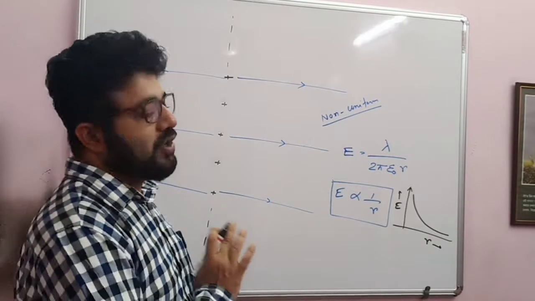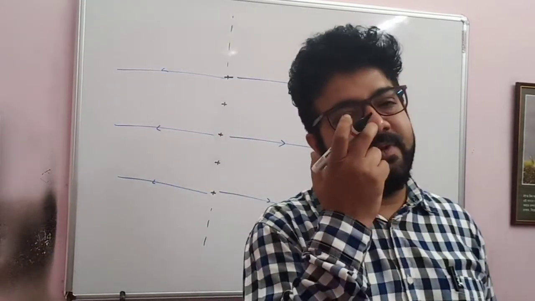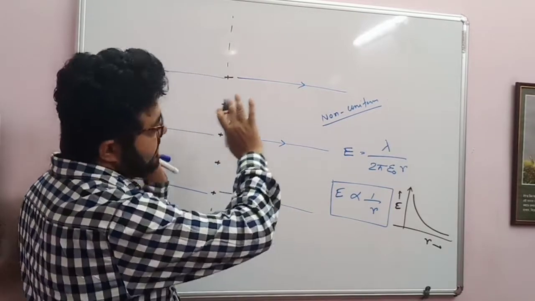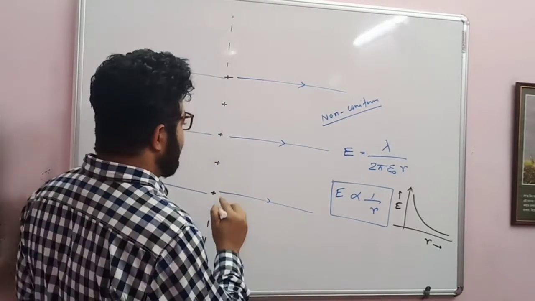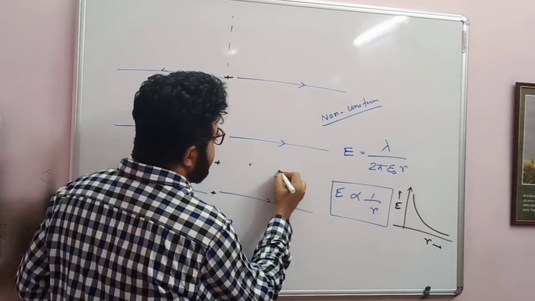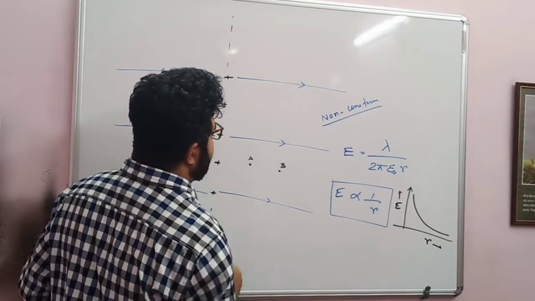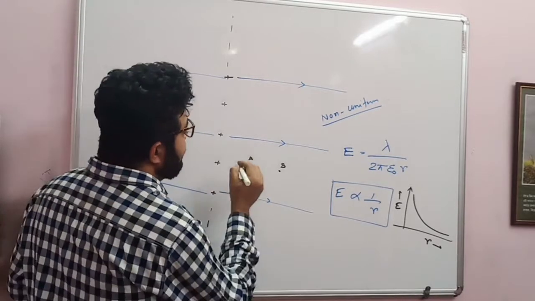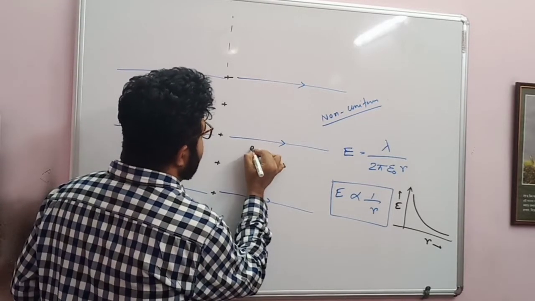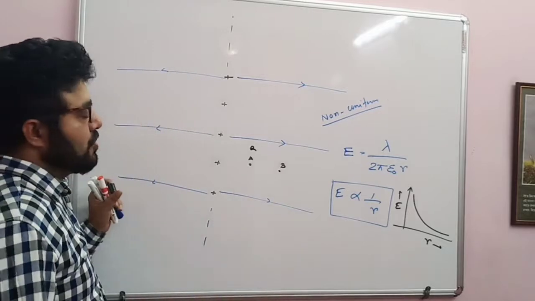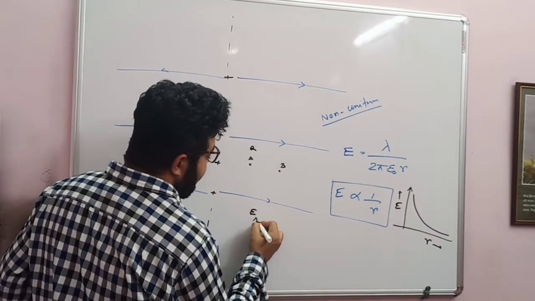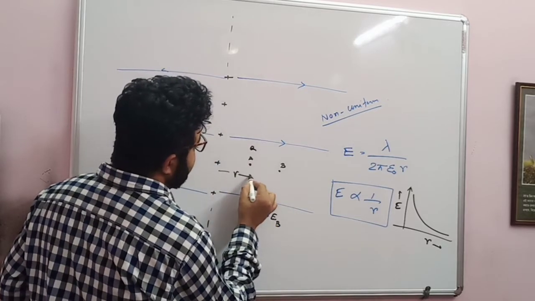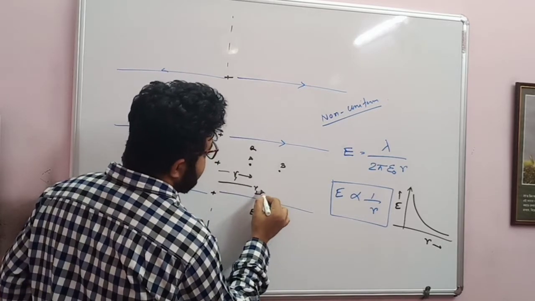This is the drawing part, and in the exam they can also ask questions. The first part is over, now the numerical part. They can ask: A and B are 2 positions, whose electric field is higher, or if you move a charge particle Q from A to B. Very simple: electric field at A is greater than electric field at B, because that distance is R1, that distance is R2.